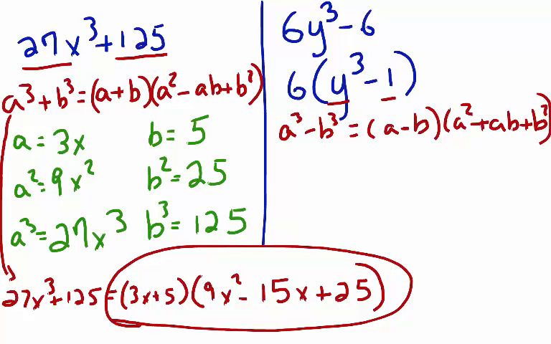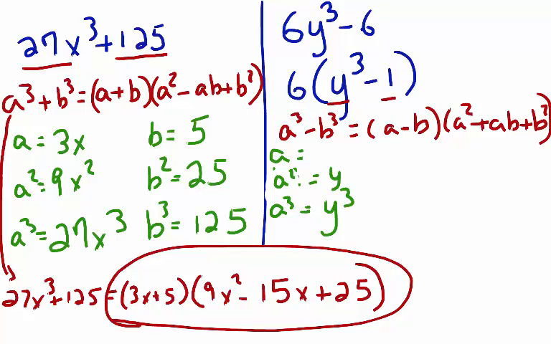And I'll set up a little table just like I did with the last example. We have a squared and a cubed. Well, a cubed is where we'll put y cubed.